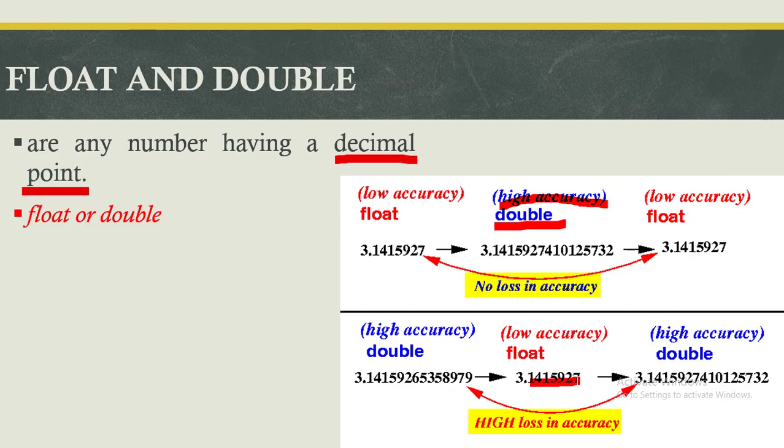How do you apply them? You use the word float or double in small letters before the variable name. So for instance, if you have a variable named average mark that needs to store an average mark, then we can say float average mark or double average mark.